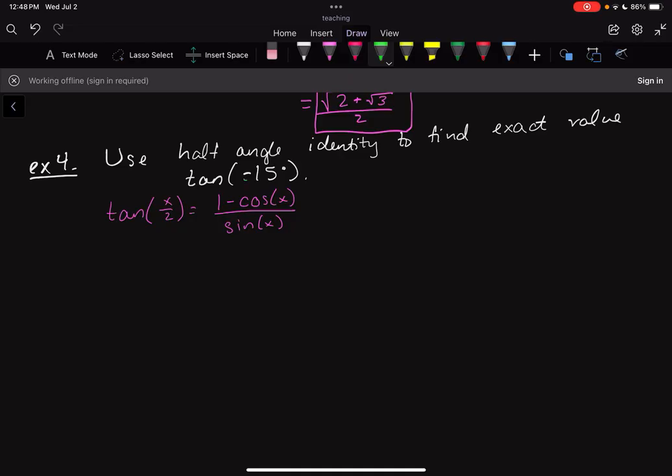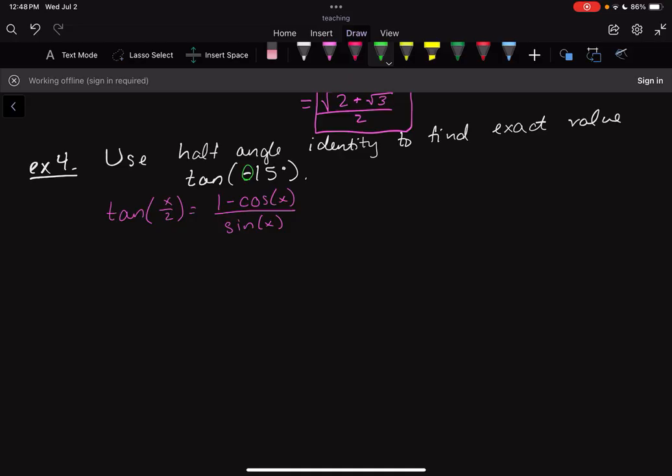I also see that I have a negative on the outside. So there's some options with that negative. Either we can add 360 to 15 to find the coterminal angle. The issue with that is then when we find our x value, it's going to be really big. So it might be hard to do it that way. You can try it out and you'll probably see what I'm talking about.